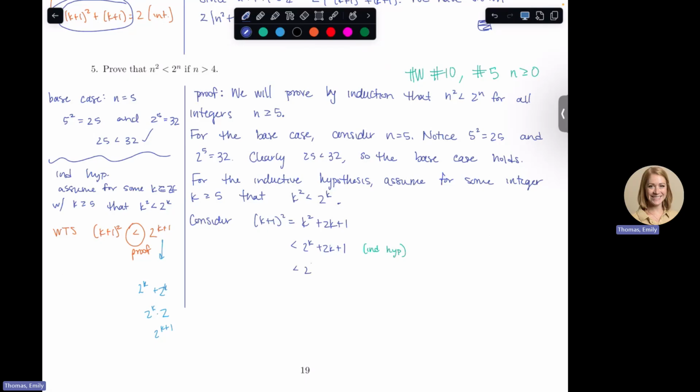This is less than 2 to the k plus 2 to the k plus k, because k is bigger than or equal to 5, right? So certainly bigger than 1. And then that's 2 to the k plus 3 times k.